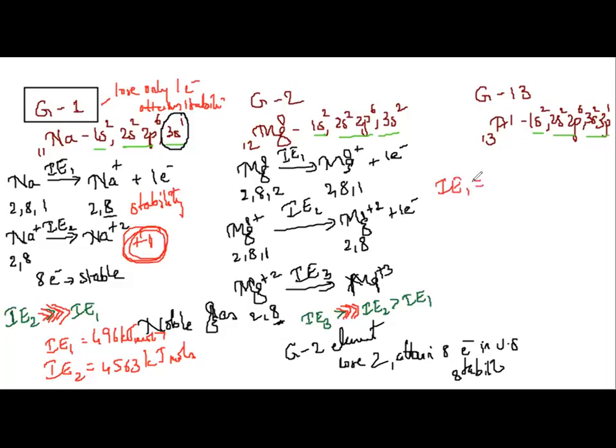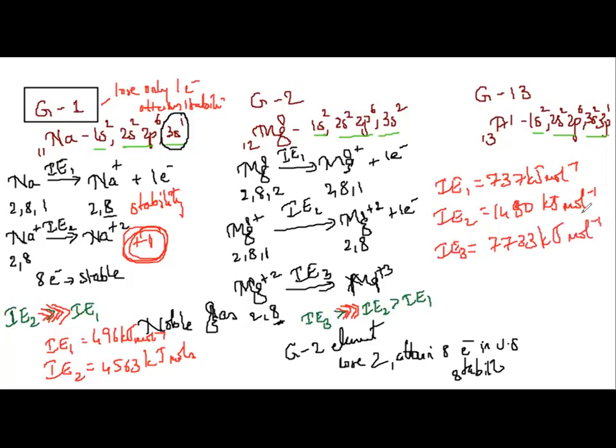Here, the first ionization energy of magnesium is around 737 kilojoules per mole. The second ionization energy of magnesium is around 1450 kilojoules per mole. And the third ionization energy of magnesium is, see here, 7733 kilojoules per mole.